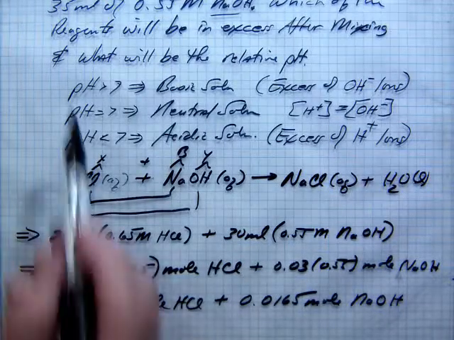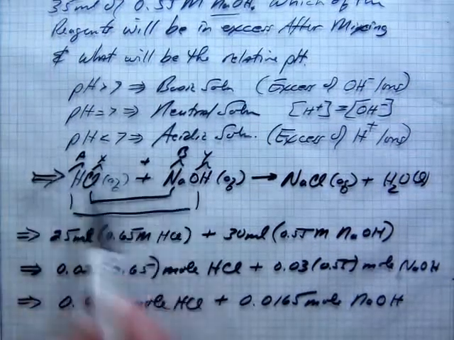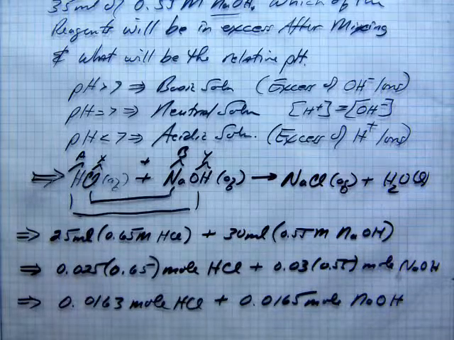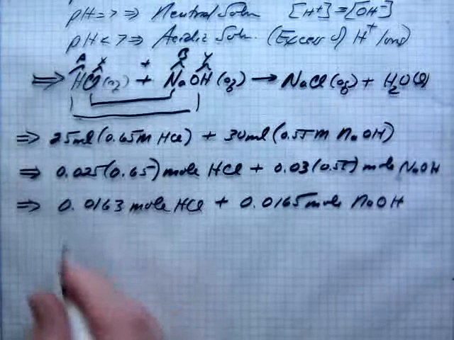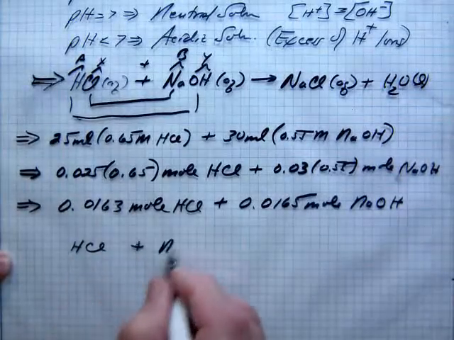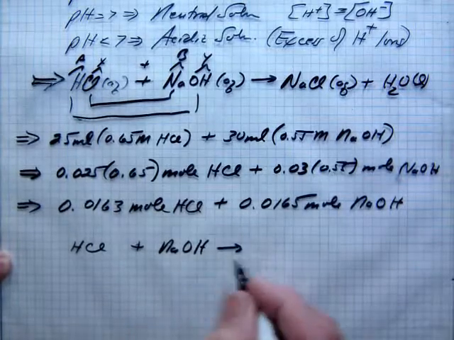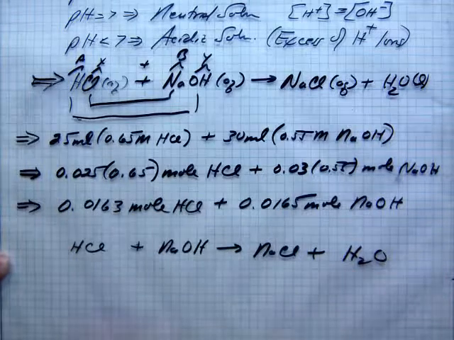Now, from the equation that we wrote back here, what is the reactive ratio? Let me do this a different way. I'm going to rewrite the equation. From this, we have HCl plus NaOH, and that goes to NaCl plus H2O, the driving force.